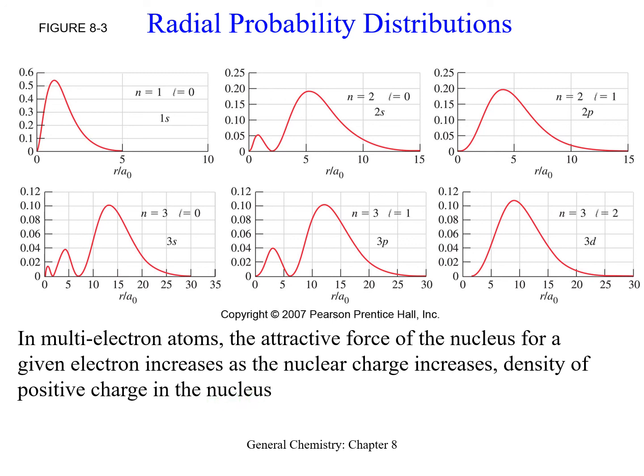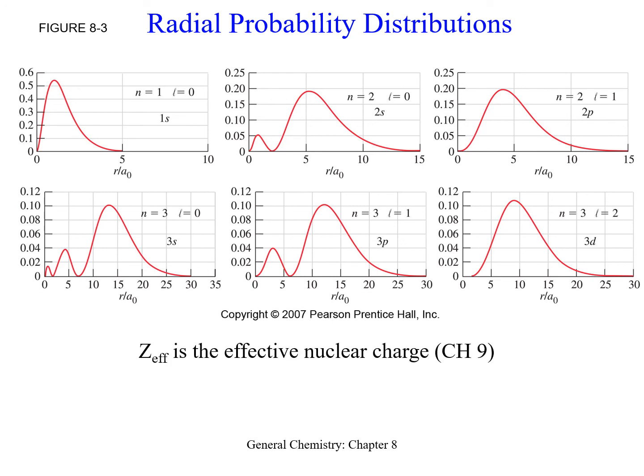Go over to nitrogen from carbon, look at your periodic table here, and again you have atomic number 7, so now we have 7 protons in the nucleus, and again the effective positive charge, we're going to call it effective nuclear charge in a little bit. But anyway, the effective positive charge in nitrogen is greater than that of carbon because you're adding an increasing number of protons in the same quantum shell. And so we'll call this effective nuclear charge in chapter 9, but you should just be aware of it.